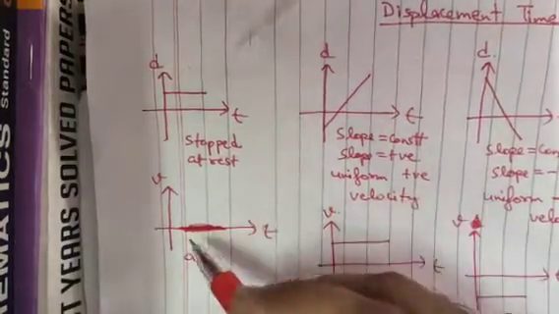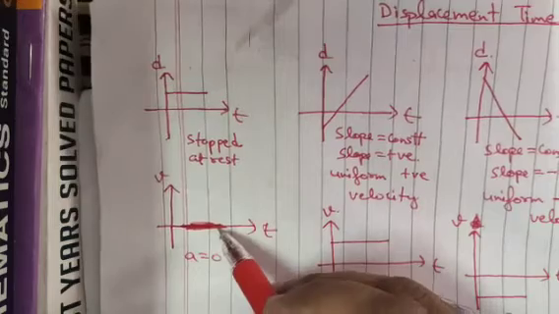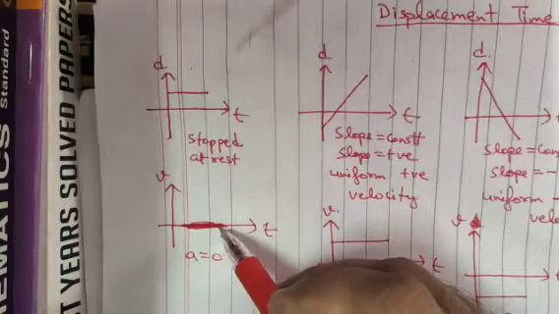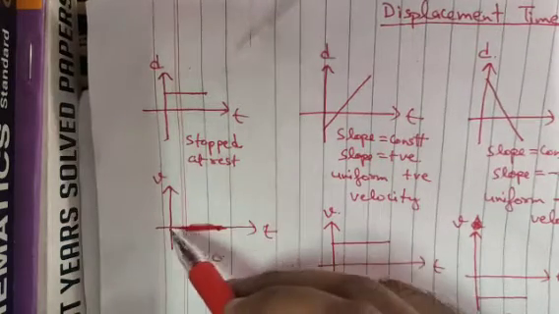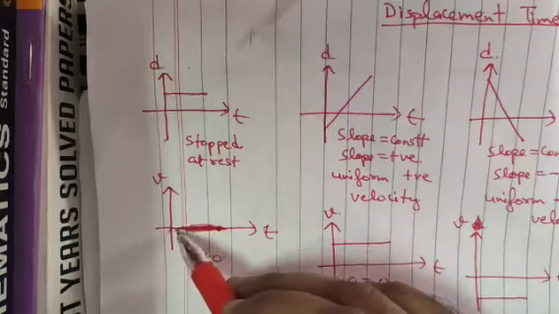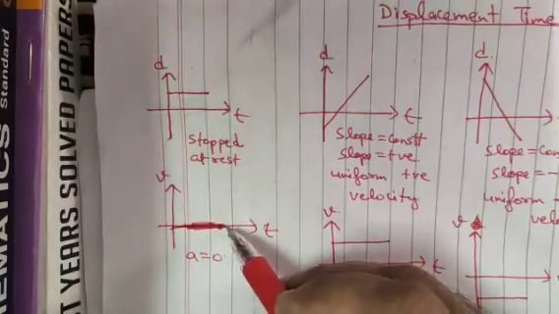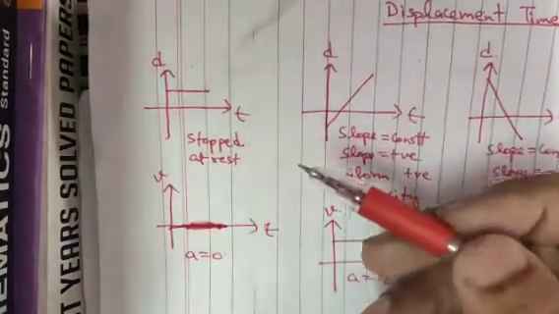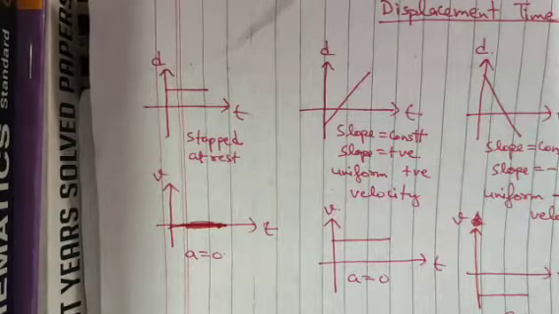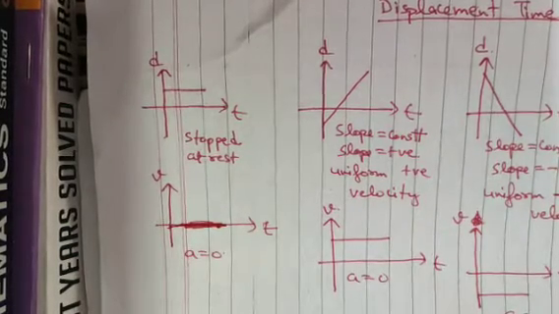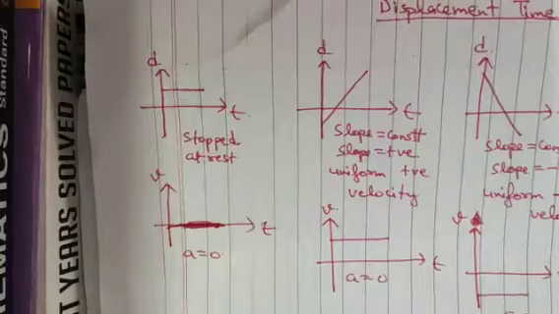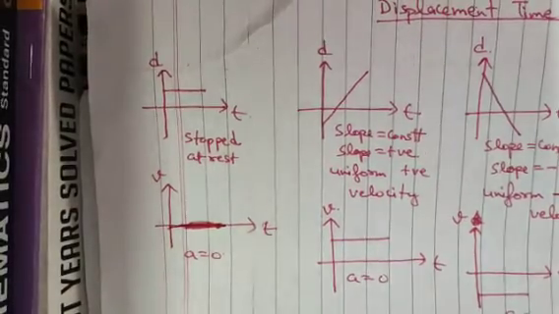Velocity time graph will be a straight line on the time axis or on the x-axis. Straight line on the x-axis. Okay, so if the displacement is not increasing with time, the velocity will be zero, and if the velocity is zero, acceleration will also be zero.